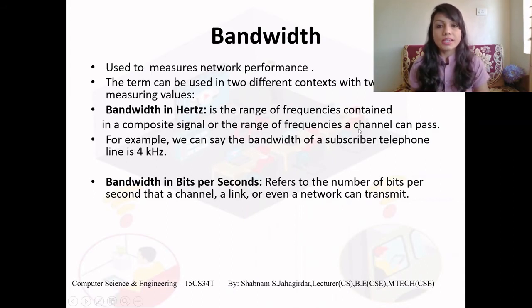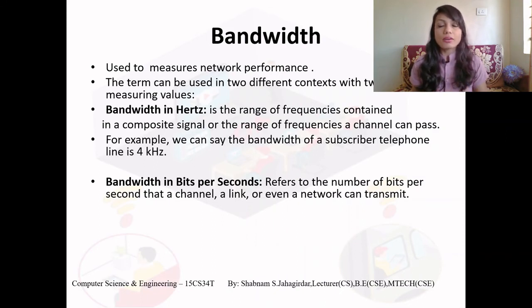For example, we can say the bandwidth of a subscriber telephone line is 4 kilohertz, because your telephone uses an analog signal, so it is measured in hertz and we are using one more kilo. Whereas if you have a digital signal, your bandwidth is measured in bits per second. That is, it refers to the number of bits per second that a channel, a link or a network can transmit. So bandwidth is nothing but the ideal performance of your network.